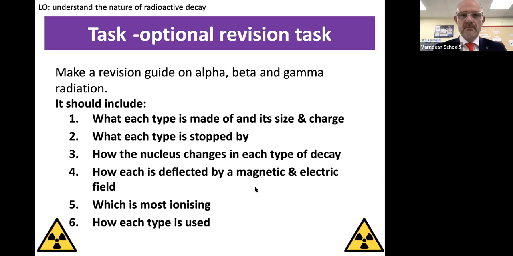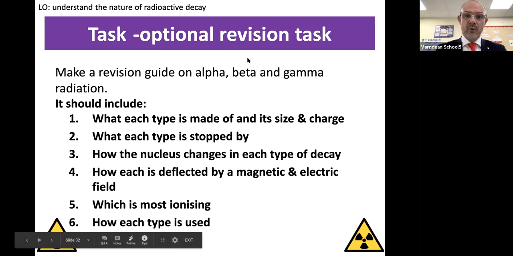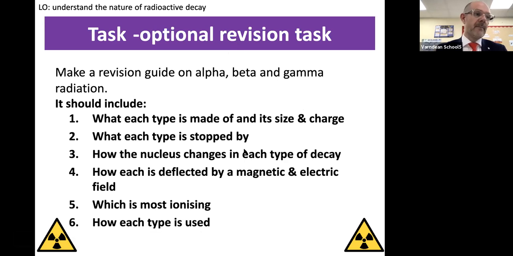Fantastic. So most of you knew it. Okay, it's the mass number. It's the number of protons and neutrons added together. Those of you who didn't, you do need to go away and learn these definitions. They are really, really important. So the correct answer was mass number.